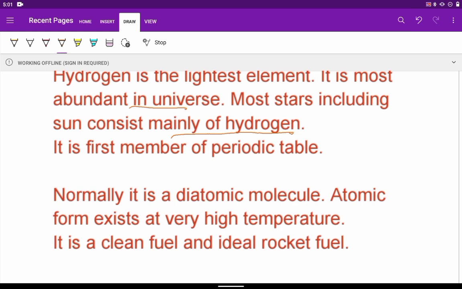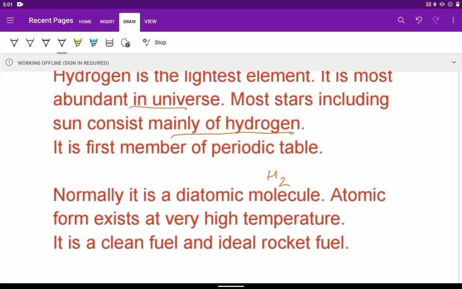Hydrogen is a diatomic molecule, that is, the molecule of hydrogen is made up of two atoms. We can represent it as H2. The two atoms are linked by a covalent bond. The atomic form, that is a single hydrogen atom, can exist when the temperature is very high.